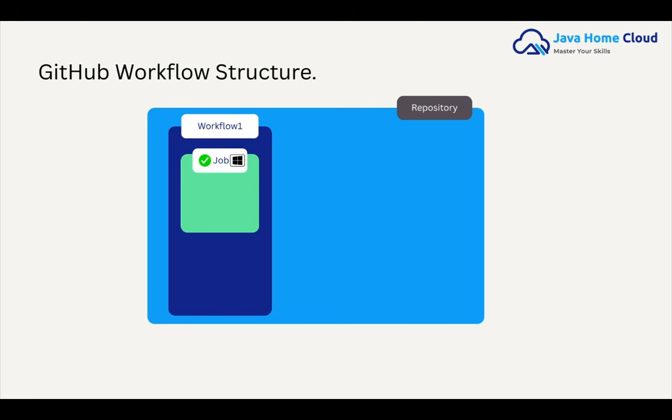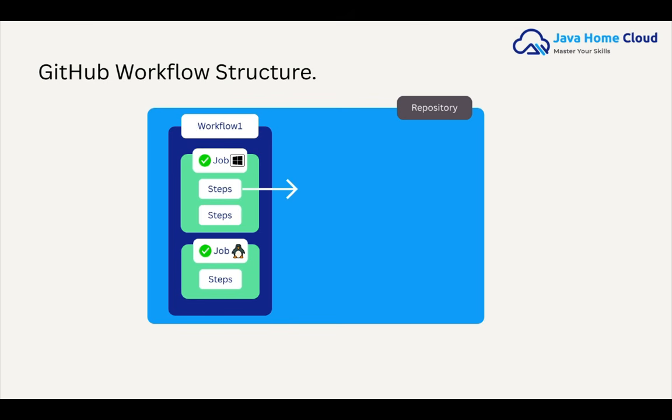There could be a deploy job, a test job, likewise. Within the same workflow, we can have multiple job declarations. Inside each job, we can have multiple steps. A step is nothing but a piece of activity. For example, I want to run a command or I want to upload Docker images to Nexus. So that smallest activity is nothing but a step.